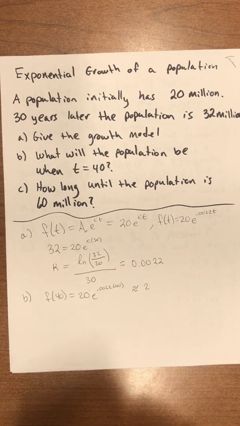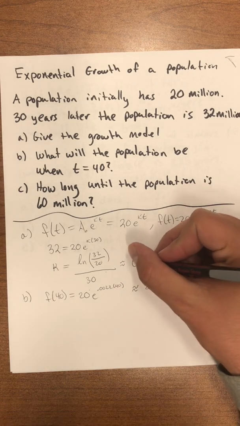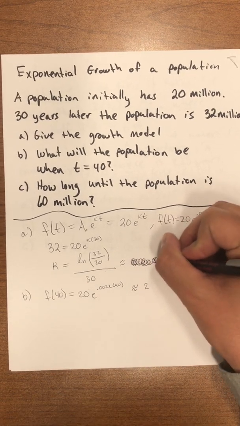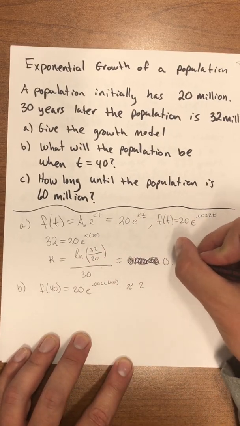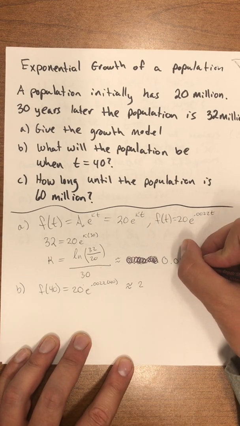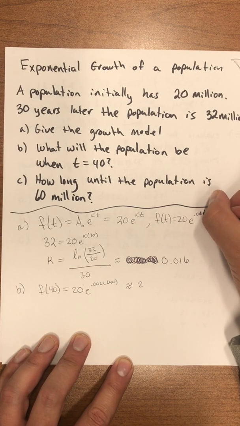I think that's 0.02. Let me check that. Oh, I typed in the calculator wrong. I'm right here. So this is all correct, I just typed in the calculator wrong. I'm sorry. 0.016. I need to change that. 0.016.